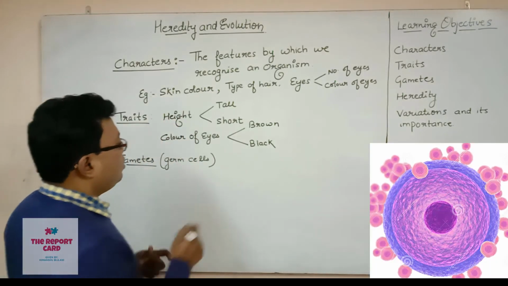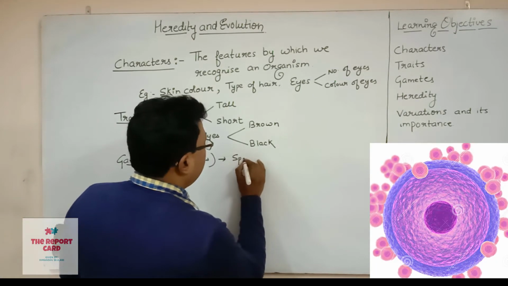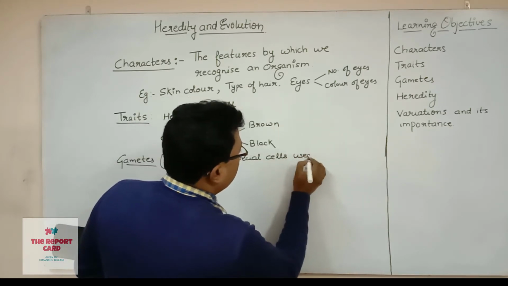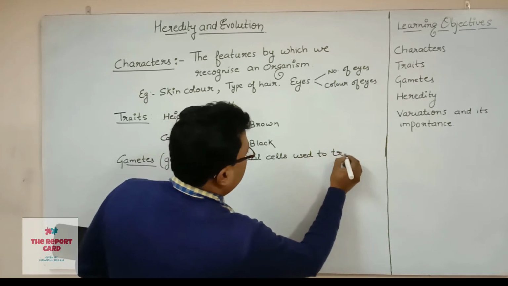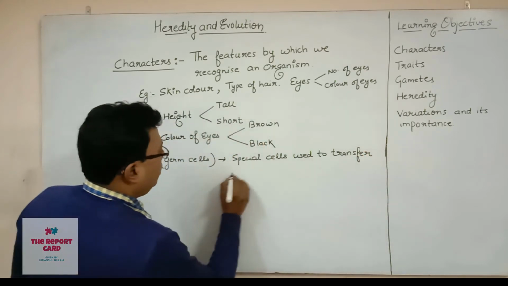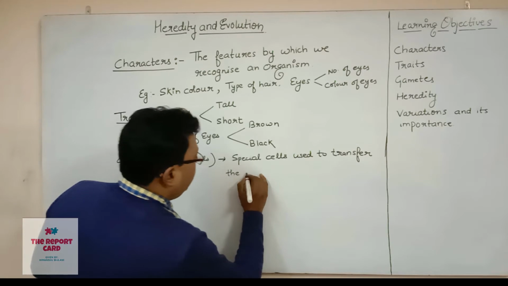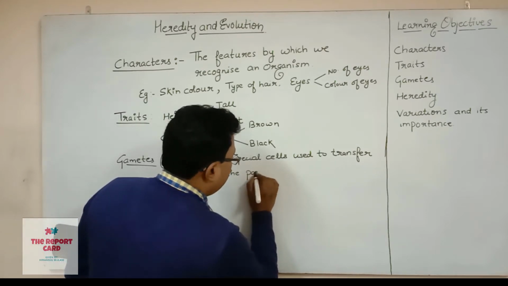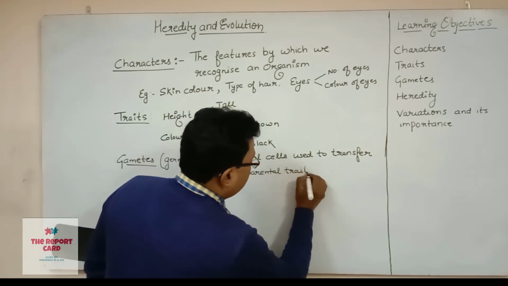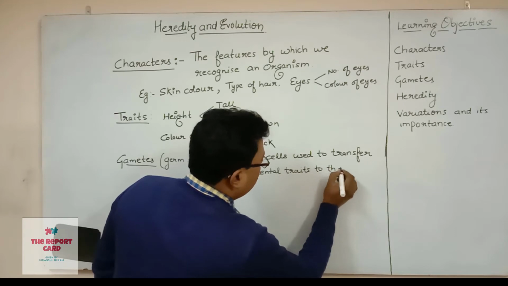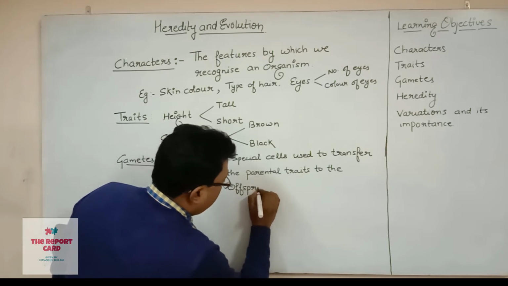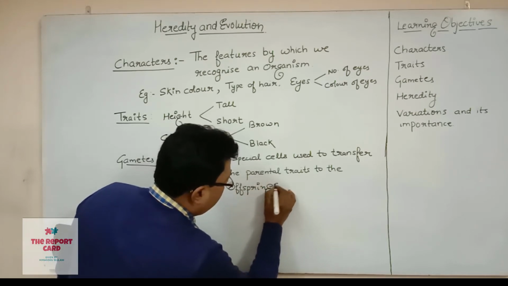So what are gametes? They are special cells used to transfer the parental traits to the offspring.